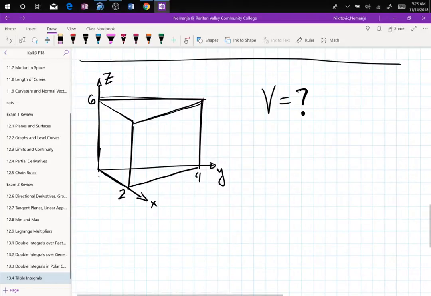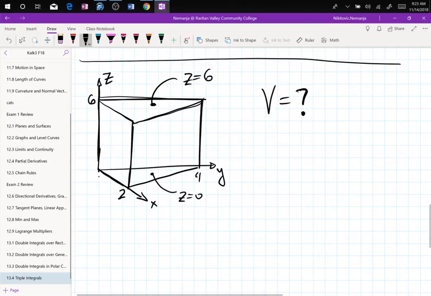So what do I have? I have the plane on the bottom, z equals 0. I have the plane on the top, z equals 6, because it's flat, right? It's a horizontal plane, and the horizontal plane is going to have z equals 6, because it's on elevation 6.